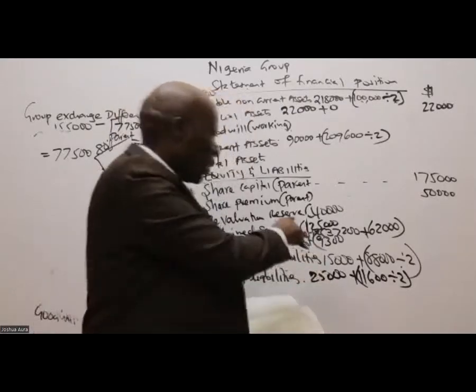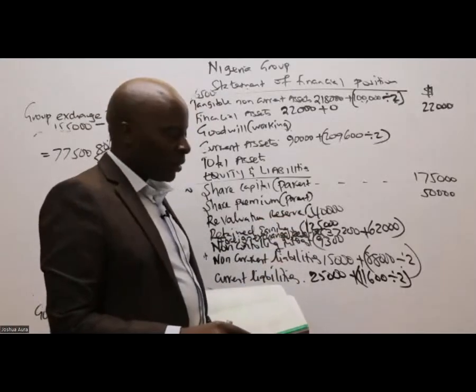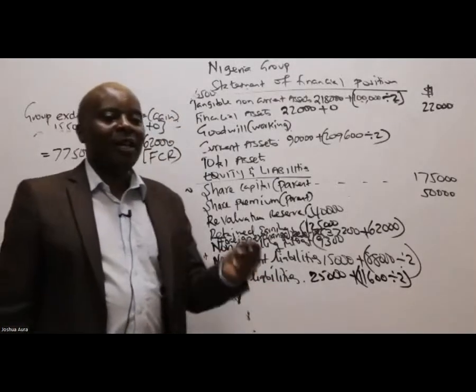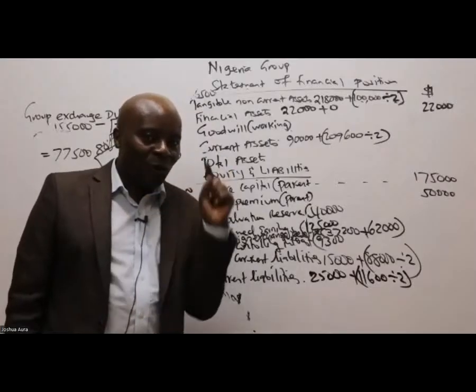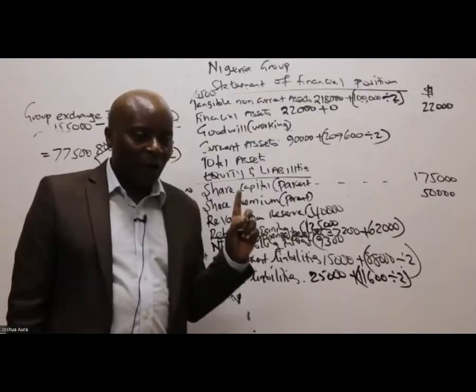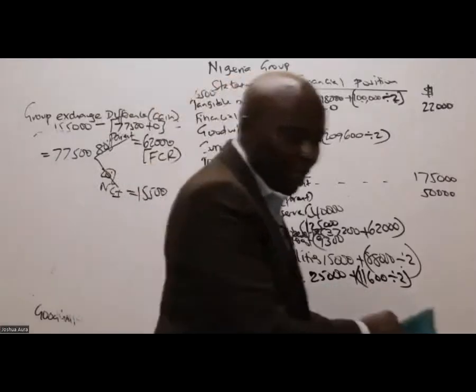I would want us to close this because this is not very clear. Remember, foreign exchange reserve normally comes from retranslations of our net assets and the goodwill, only that. So somebody is giving us 99,200.